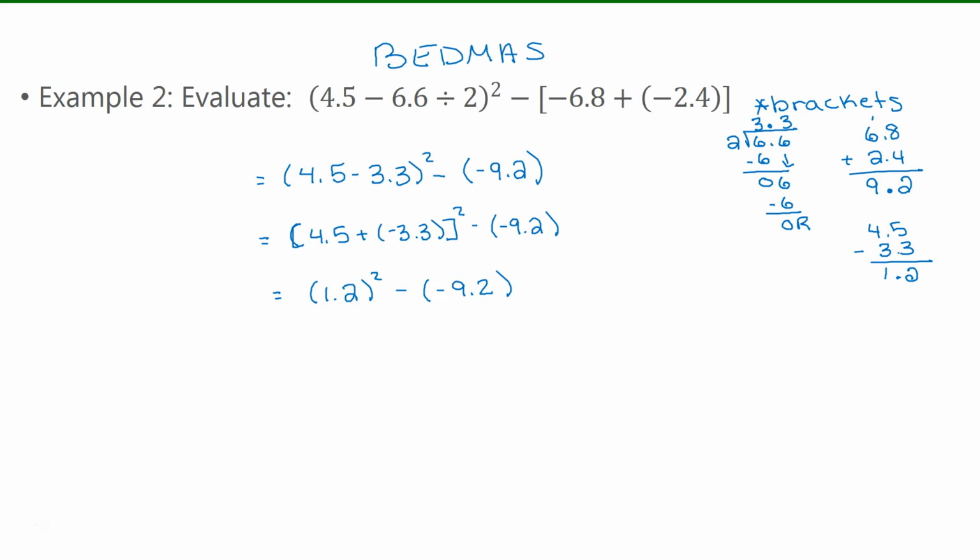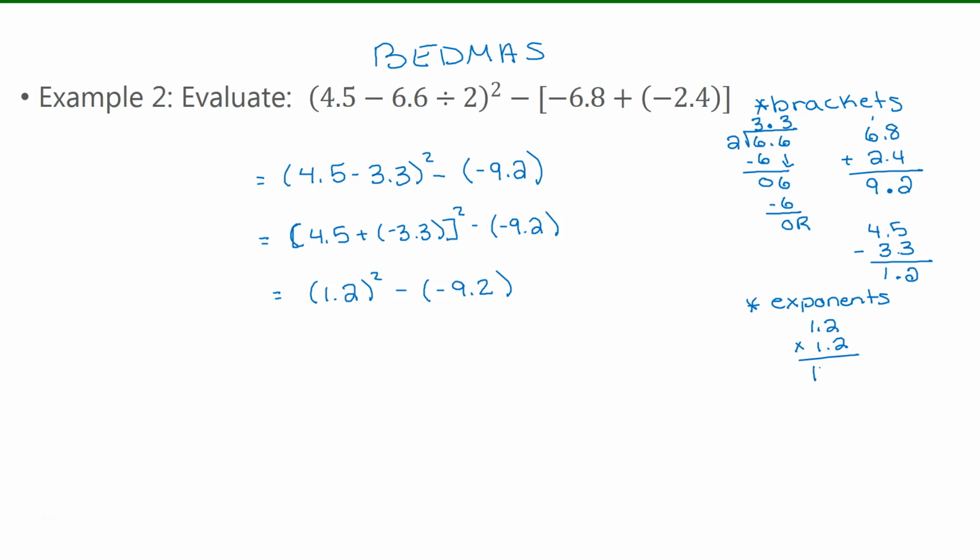So now we can move on to our exponents. I need to square 1.2. So I multiply that by itself. You can go ahead and do your multiplication, or I'm just going to ignore the decimals for a minute and think of this as 12 times 12.